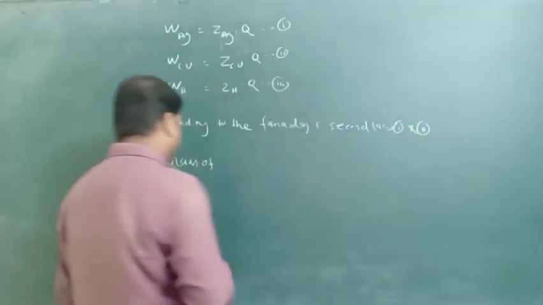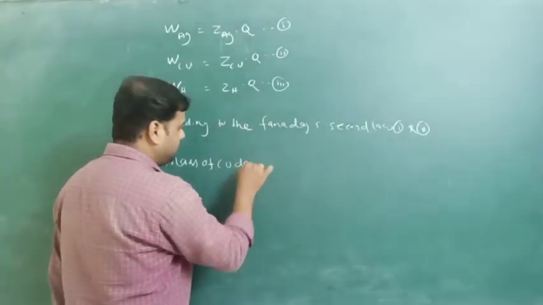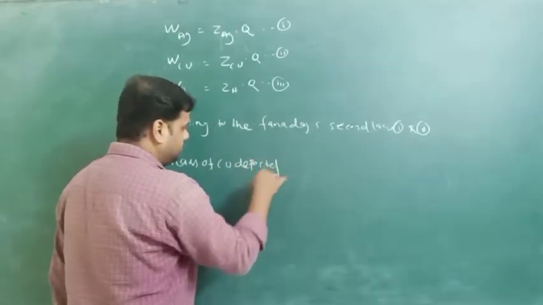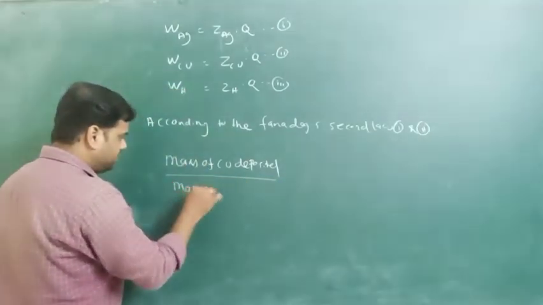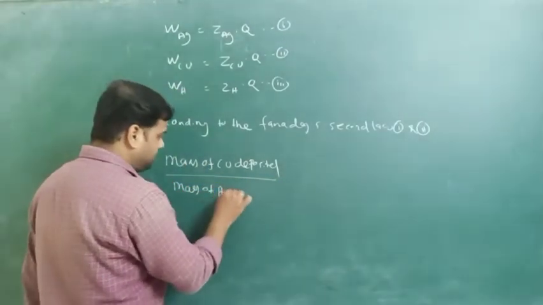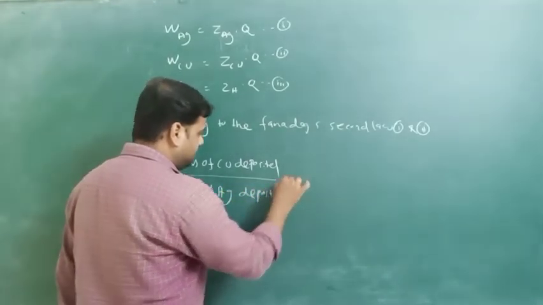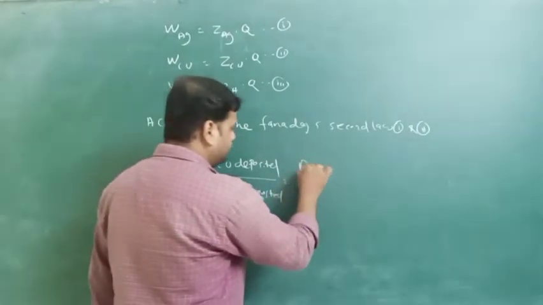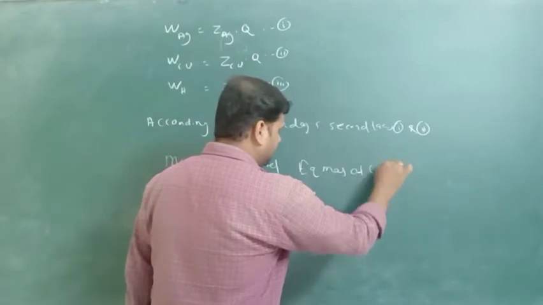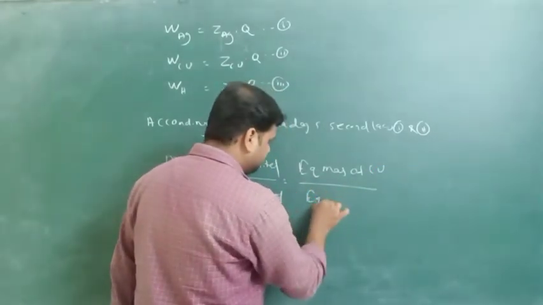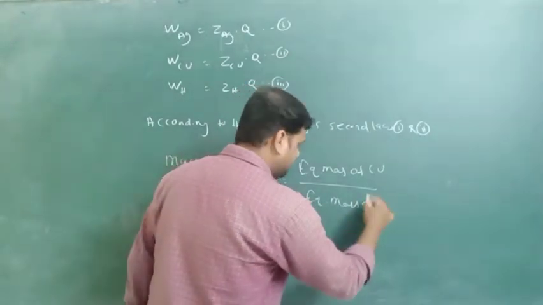We get the mass of copper deposited divided by the mass of silver deposited equal to the equivalent mass of copper and the equivalent mass of silver.